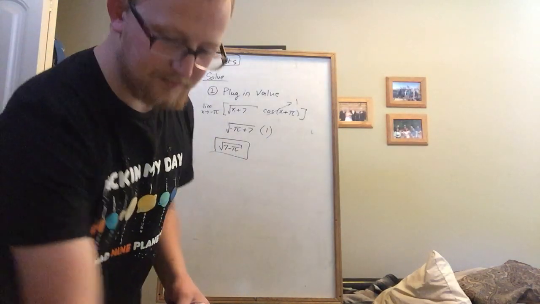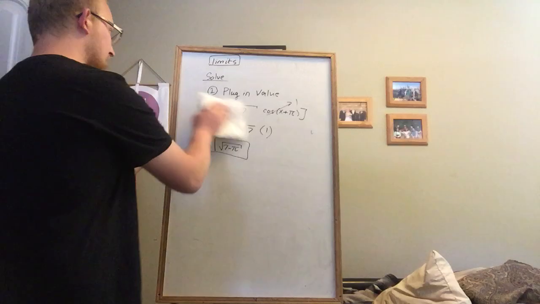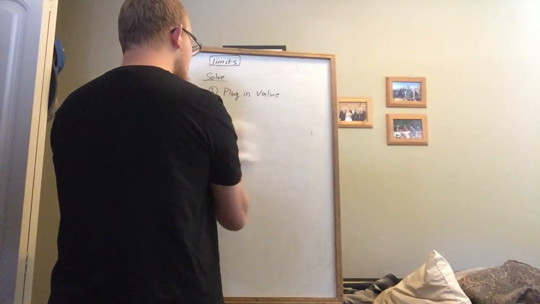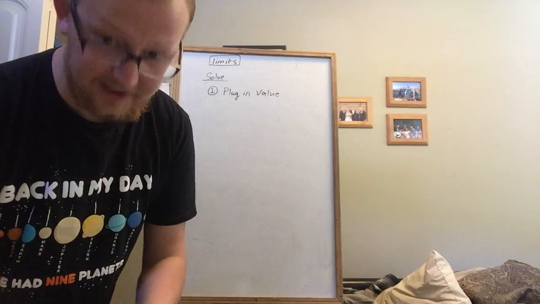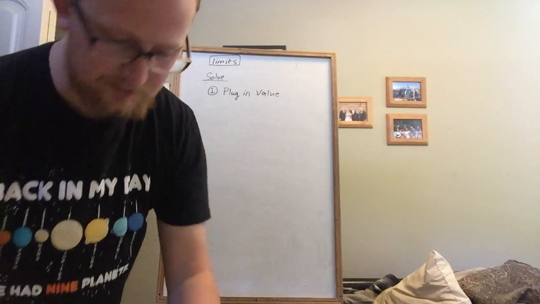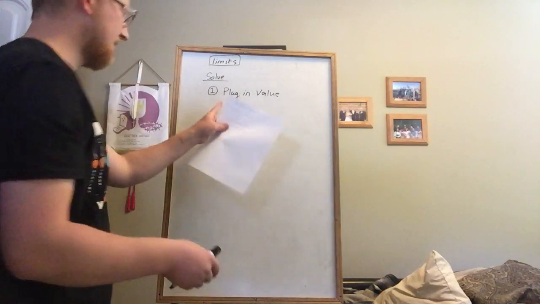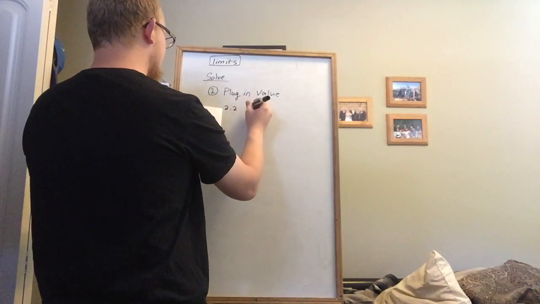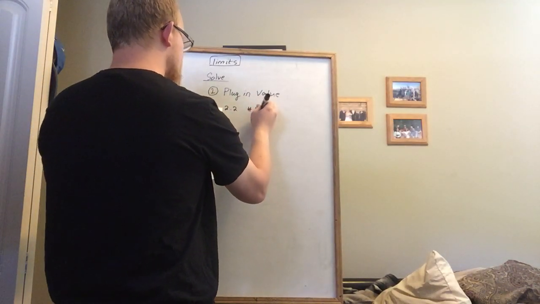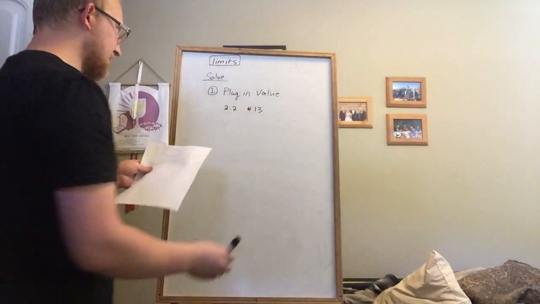Now here's another quick technique for a limit that also includes some logic. I wouldn't call it plugging in, but for this problem, oh, and I'm sorry, this last problem I did was from section 2.2 on my math lab, and it was problem 13. So that was the first example.